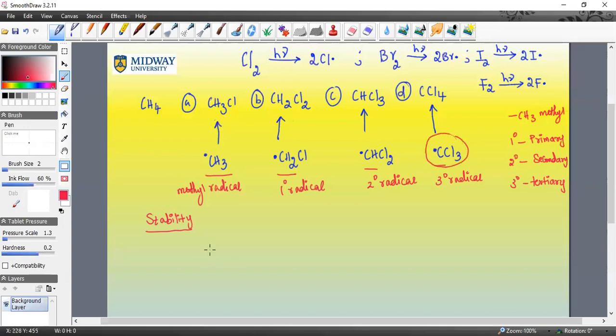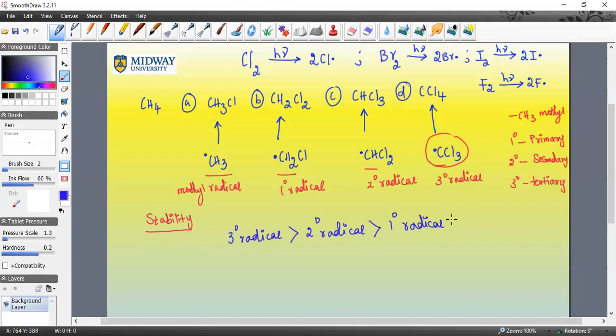Now let's write down the stability of these. The tertiary radical is the most stable, followed by the secondary radical, followed by the primary radical. There's two more that will go on to the left of the tertiary radical, something we have not learned yet, so I'm going to reserve them.